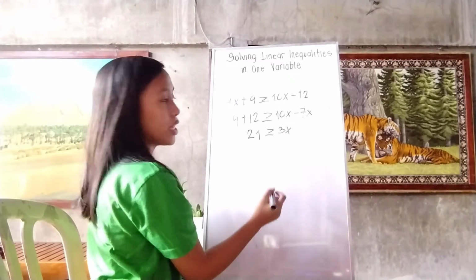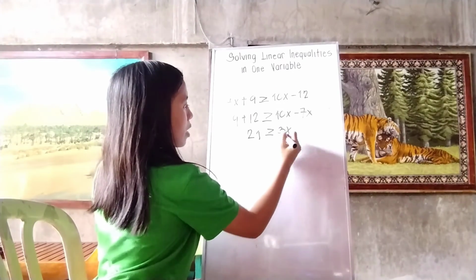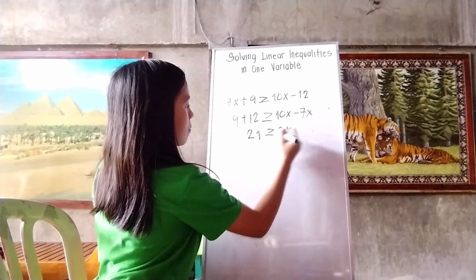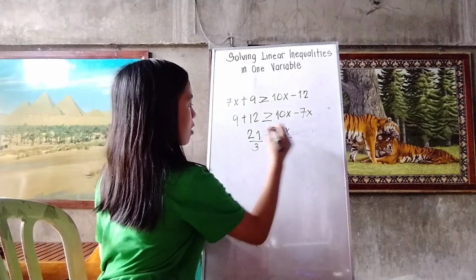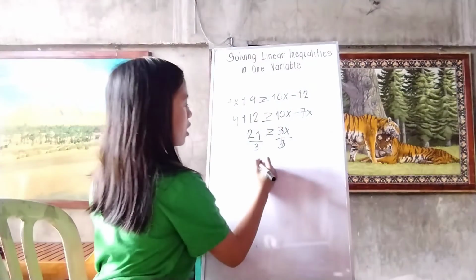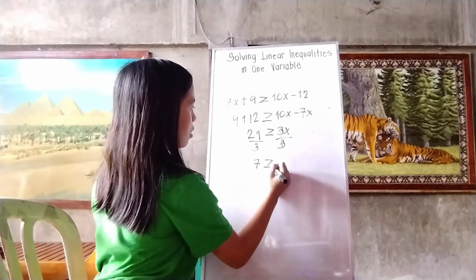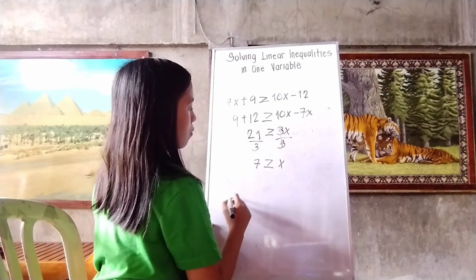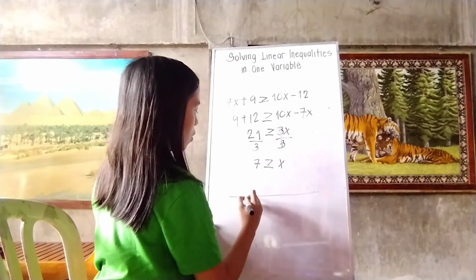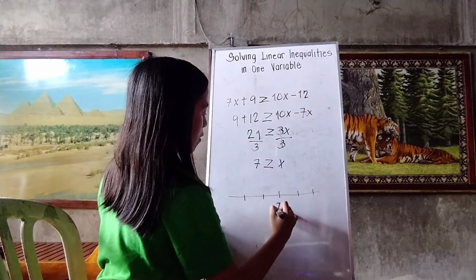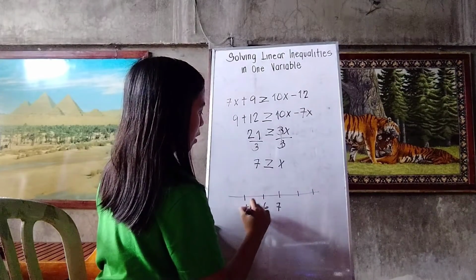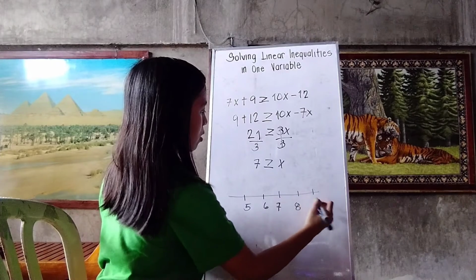And to cancel the 3, let's divide both sides by 3. 21 divided by 3 is equal to 7, so 7 is greater than or equal to x. And if we are going to graph this one, we mark 5, 6, 7, 8, 9.